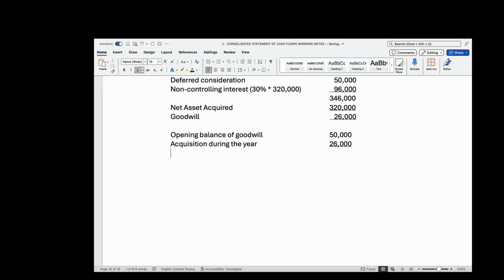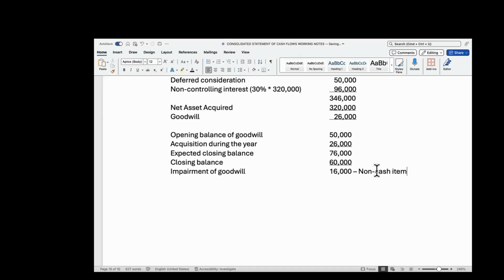So that means my expected closing should be 76, but my closing for my goodwill was actually 60. Okay, so that means there is an impairment of goodwill of 16, which is a non-cash item that we're going to eliminate.